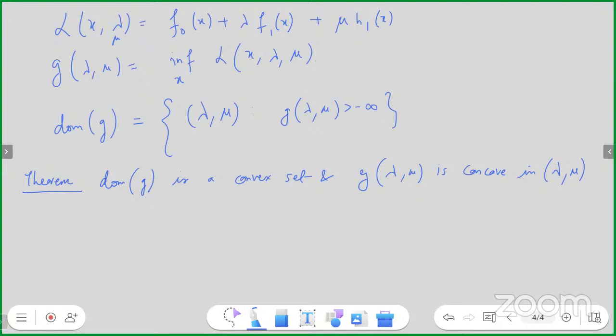What is the domain of G? All points for which the value is not minus infinity. What we are going to show is that the domain of G is in fact convex, because that's the set we are going to maximize this over. If the set is not convex, I've only created a bigger monster for myself, right? Because all we know is what is the convex problem? Minimizing is equivalent to maximizing a concave function, but the underlying set better be convex.